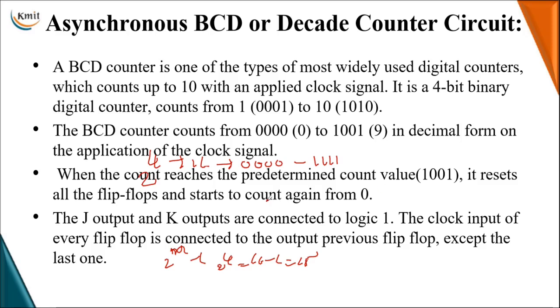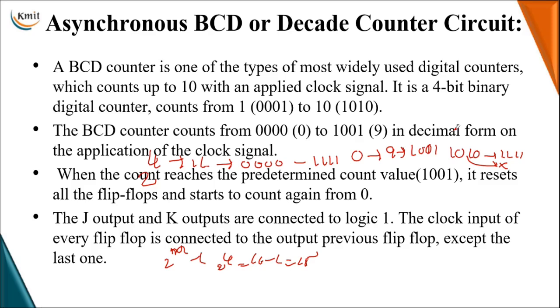Now, a BCD counter only has to count from 0 to 9. The 9 equivalent in binary is 1 0 0 1. So upon the 10th clock pulse, the states from 1 0 1 0 to four ones, these 6 states, are treated as invalid states in a BCD counter, as it only gives us 10 states.